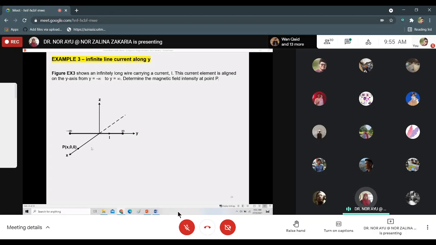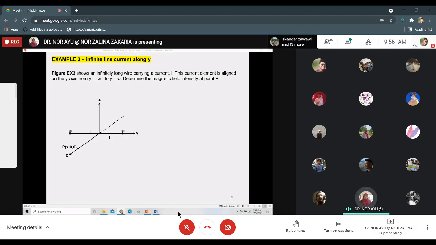Alright, so we can see here. Okay, so again, the equation will be H equals the integration of I dL cross r divided by 4 pi r cubed. And then what is your r? So r is berapa? Apa r dia?